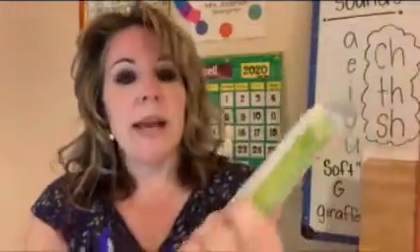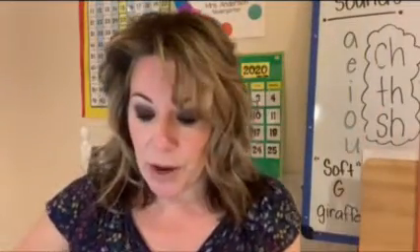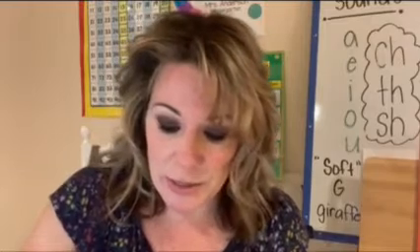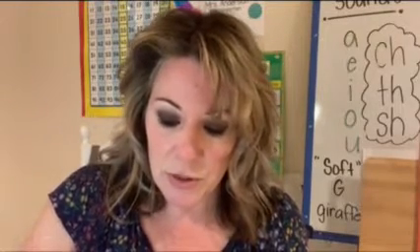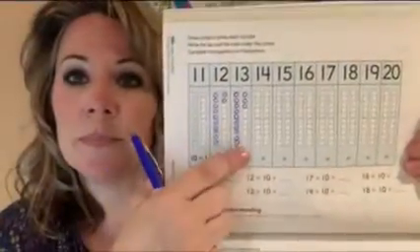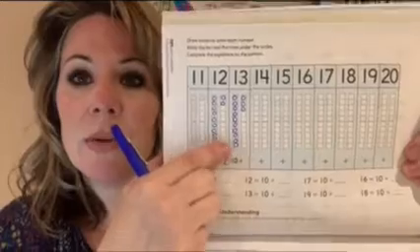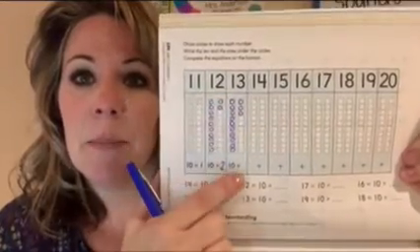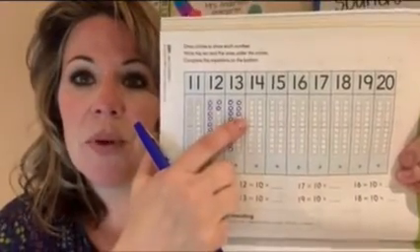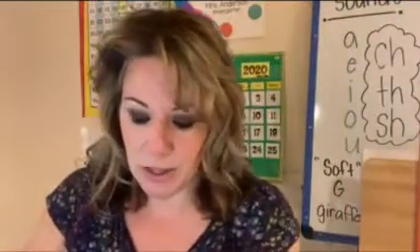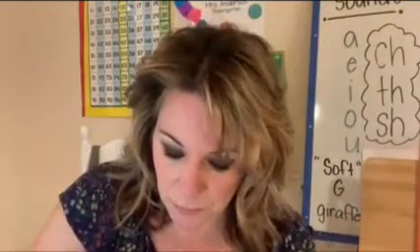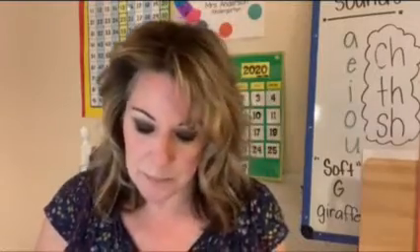Or I can count on. So I know I've already got 10 circles, so I say 11, 12, 13. And I stop there because that's my number. Okay, so 10 plus 3 equals 13. So I need to write my 3 down below.